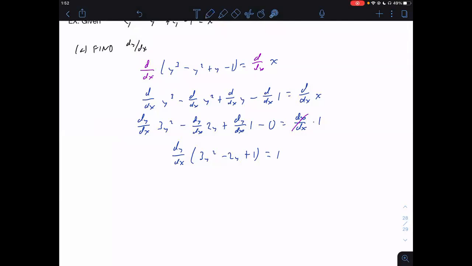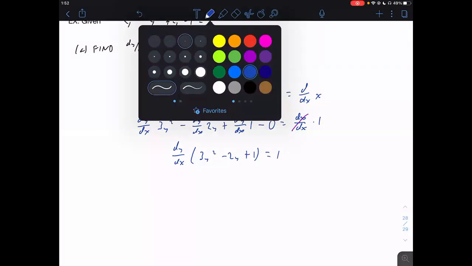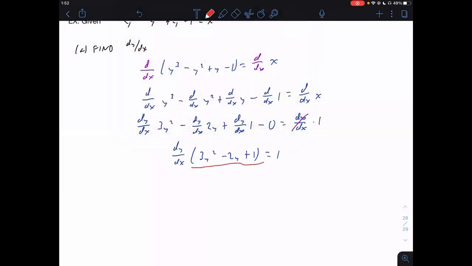All right, and since we're trying to solve for dy over dx, we want to get this by itself. Since this differential is multiplying this whole expression, to move this expression to the other side, we have to divide. So we're going to divide both sides by 3y squared minus 2y plus 1.